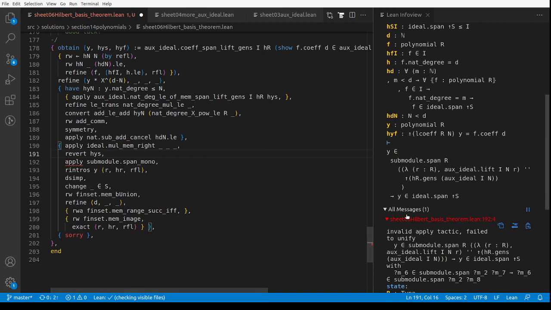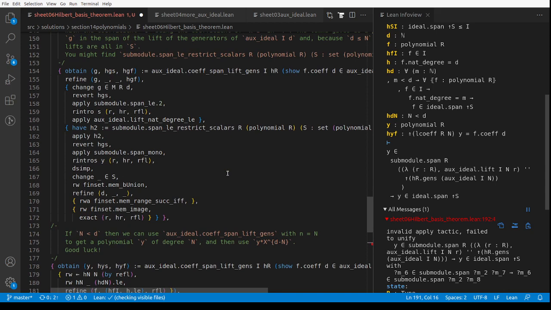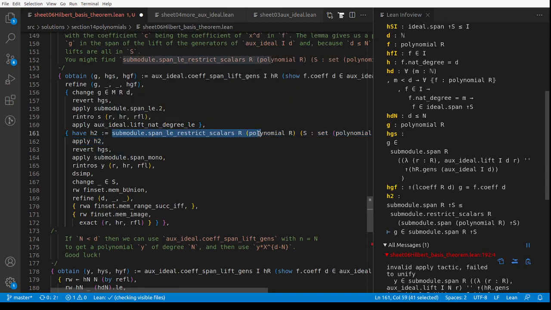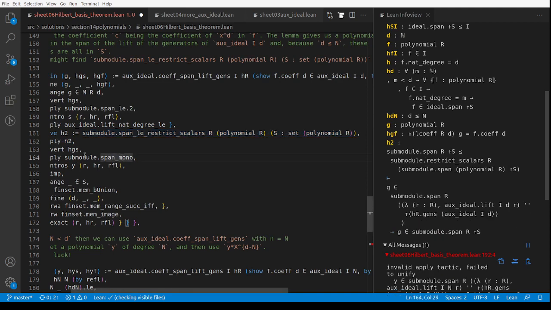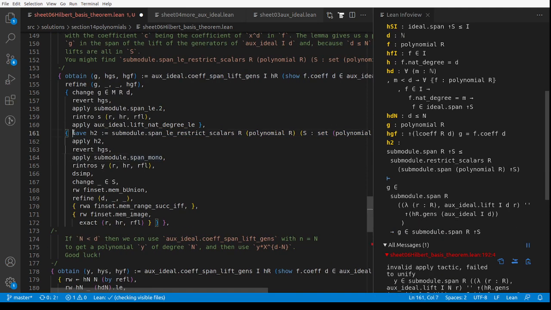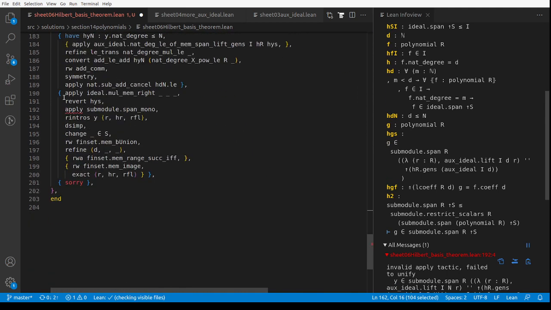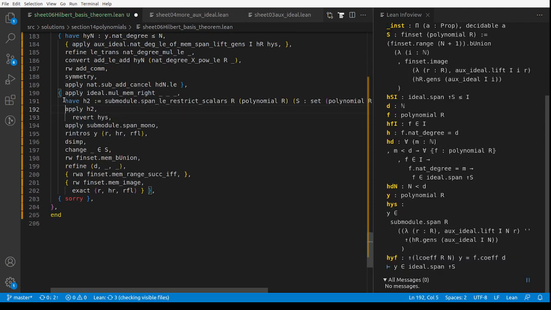Oh, and I haven't done the ideal dot span. I need to do the line before. I need to do this thing here. Now what?